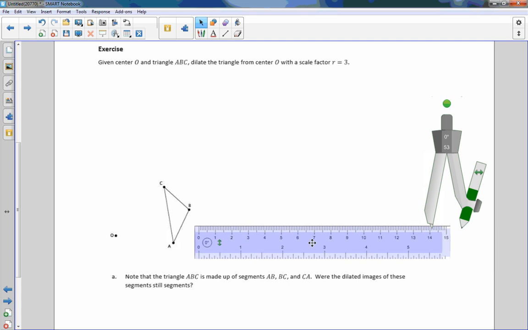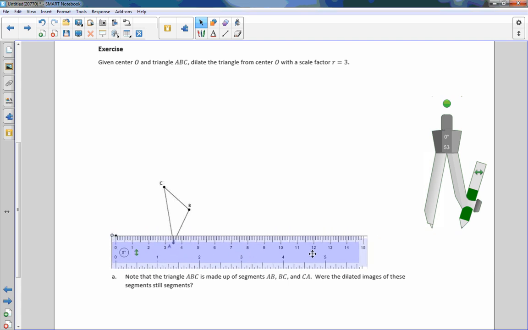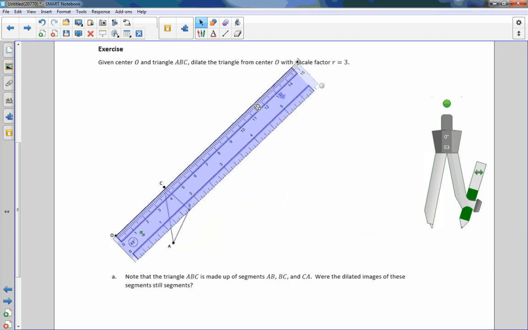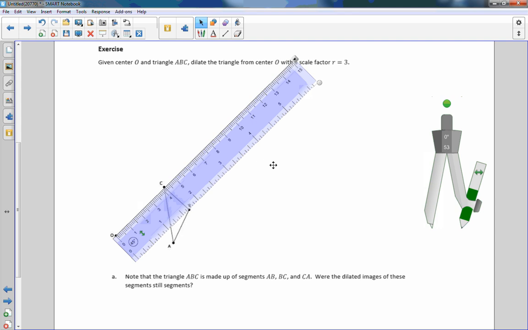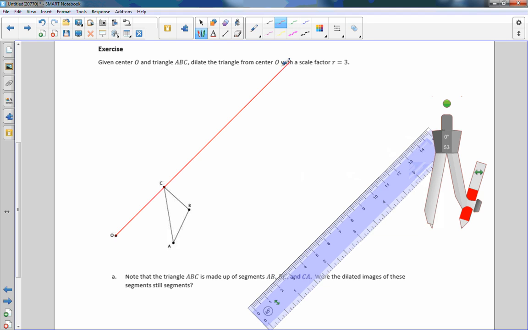Well, the first thing I want to do is put my ruler at my O, and I'm going to draw a line segment, or a ray, I should say, through C. So let's do that first. So if I draw a segment or a ray up through C like so, and I will mark it with an arrow here. So I'm also going to do the same over here.